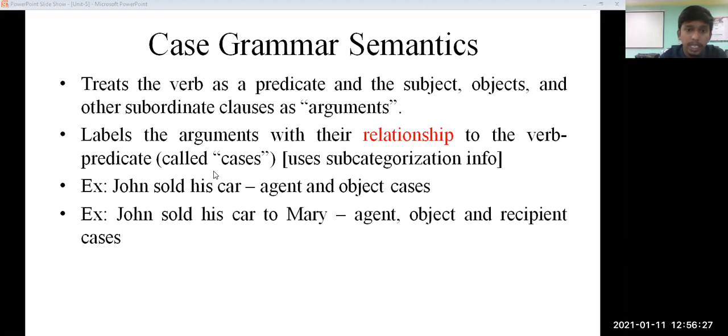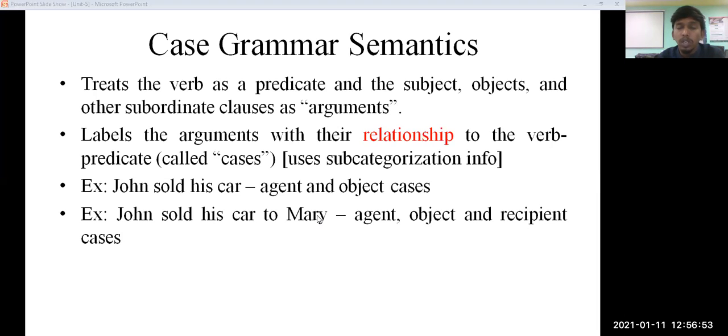For example, John sold his car. Here are the agent and object cases. John is the agent, he is selling, that's the verb, and car is the object. Next, John sold his car to Mary. Here you have agent, object, and also recipient cases.